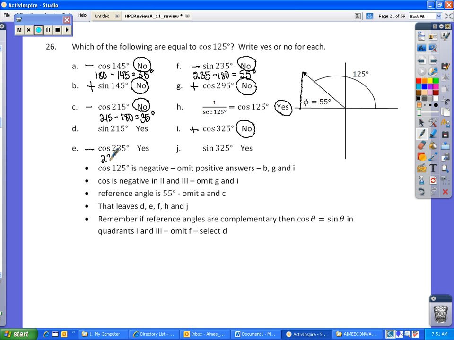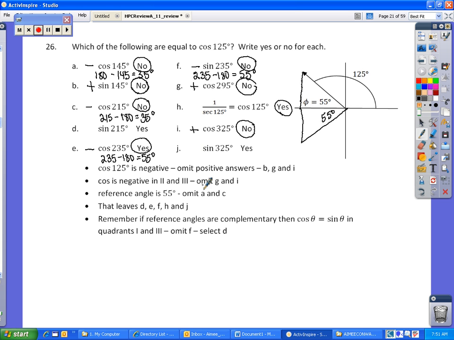And if I take 235 and I subtract 180 to find the reference angle, I get 55 degrees. So since it has the same reference angle, here's my third quadrant, those two triangles are definitely going to be the same, and I'm going to get the same cosine value for cosine of 235 as I do for cosine of 125. Sine of 325 kind of relates to letter D, so let's go ahead and talk about those two right now.